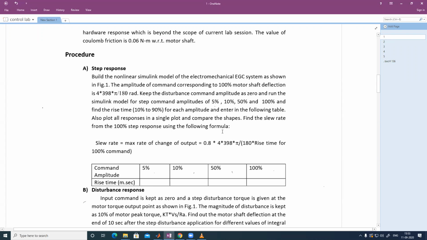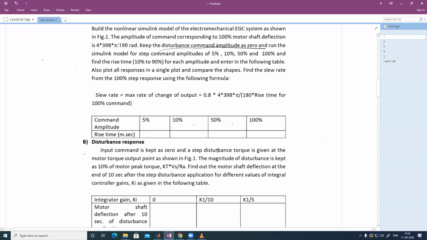For step response, the disturbance command amplitude is 0. When doing disturbance response, the input you have to make 0, and take only the output shaft deflection.